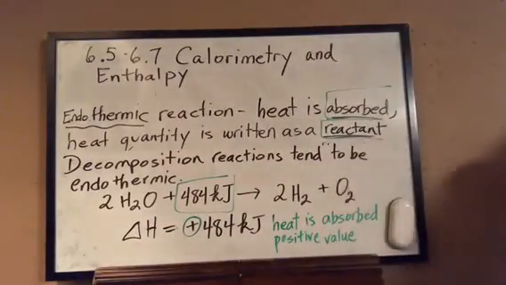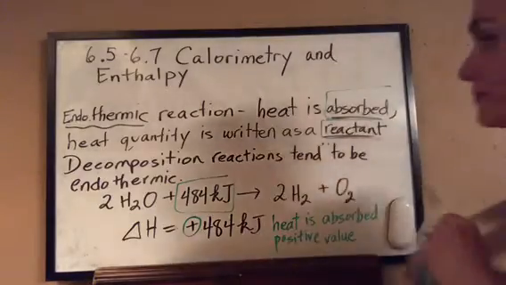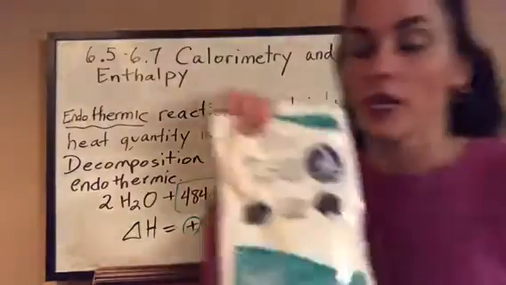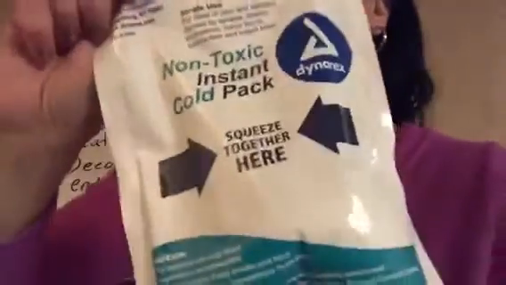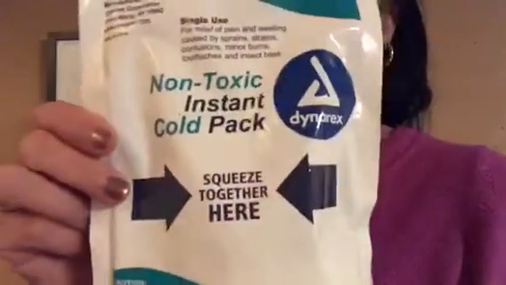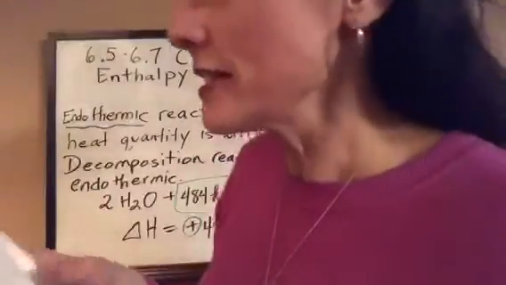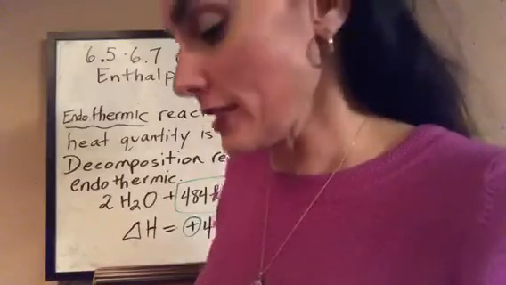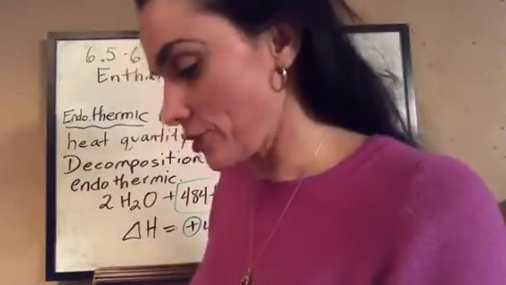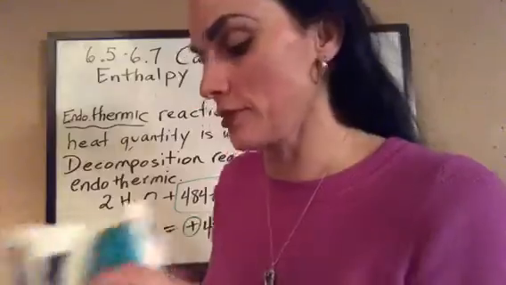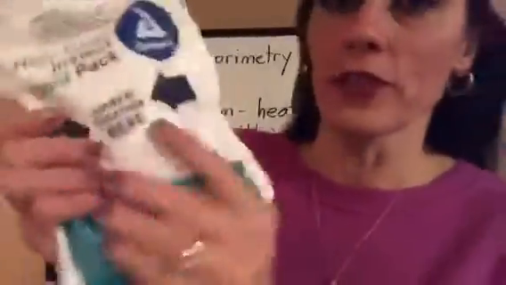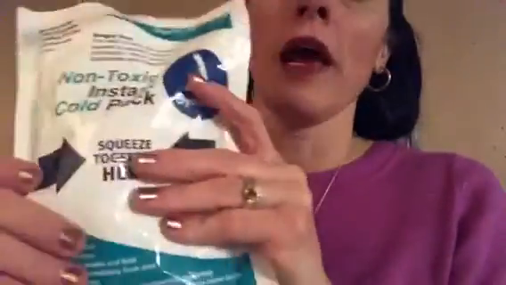And an example of an endothermic reaction: you may have seen these types of cold packs in the store in the first aid section. These instant cold packs usually contain ammonium nitrate. They can contain some other material as well. And again, you hear the crystals in there, and then you have an inner pouch which contains water. If I were in front of you in class right now, I would demonstrate this.